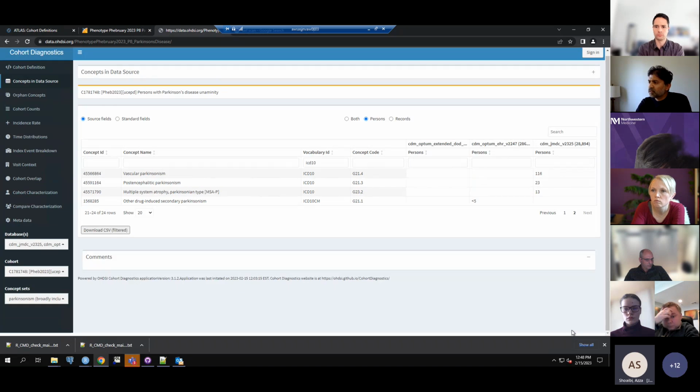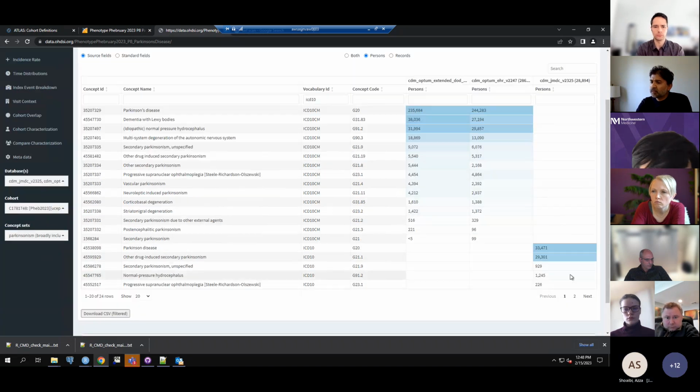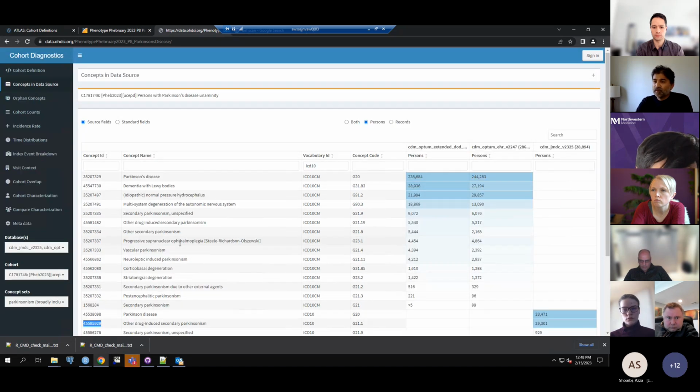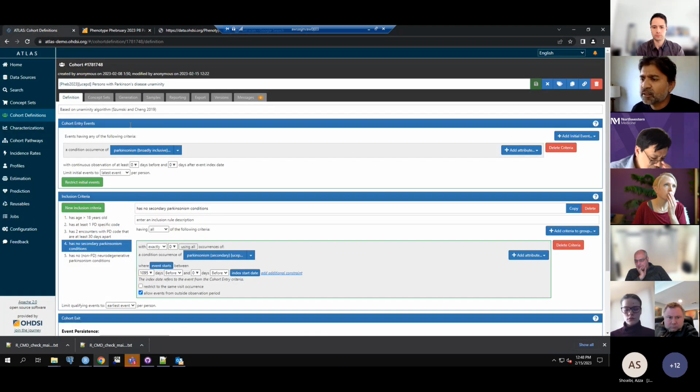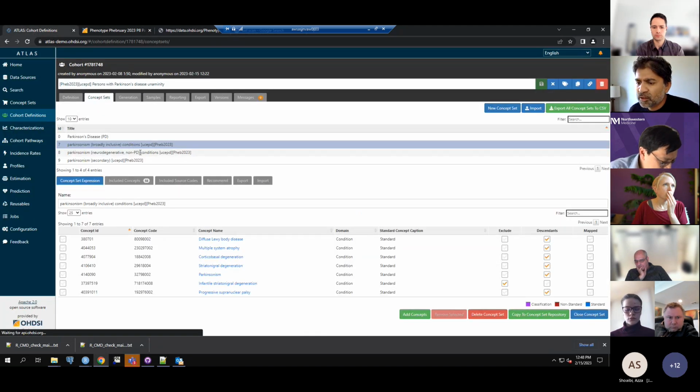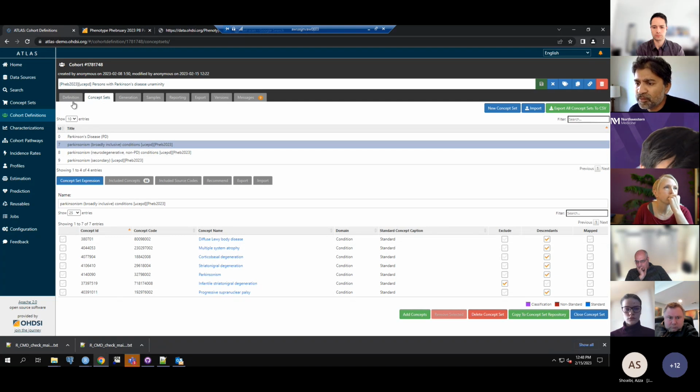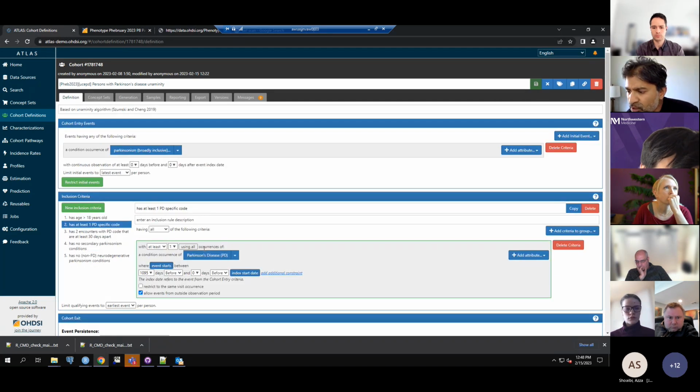Are you excluding those codes? I should be, yes. If you look at that code, it ends in 929. It should be in our secondary Parkinsonism exclusion list. And if it's not, then I need to make sure. That is the right question. Maybe I didn't do it right in the concept set. Yeah, secondary Parkinsonism. Let's see. You're talking about this particular specific code?